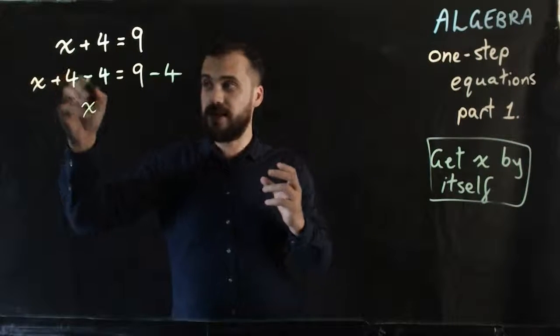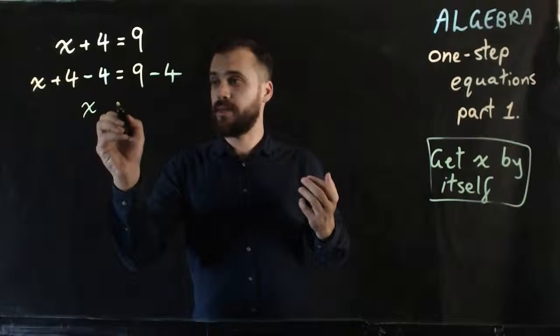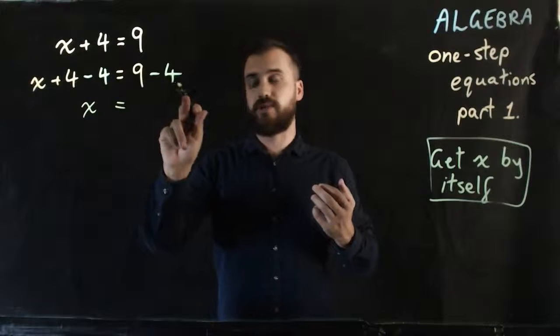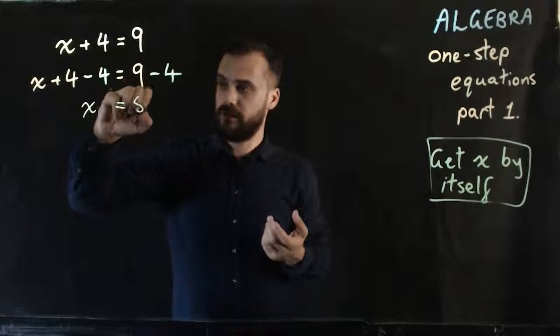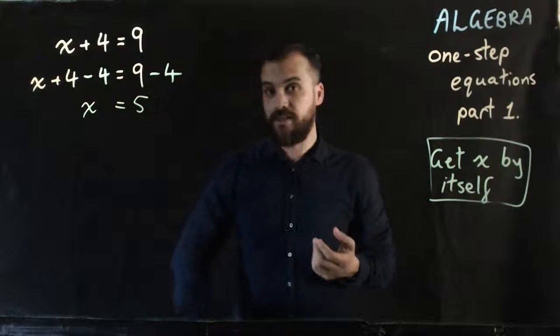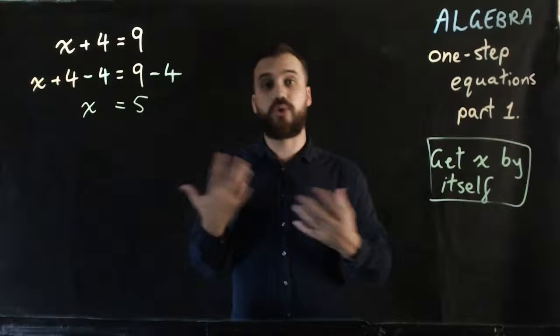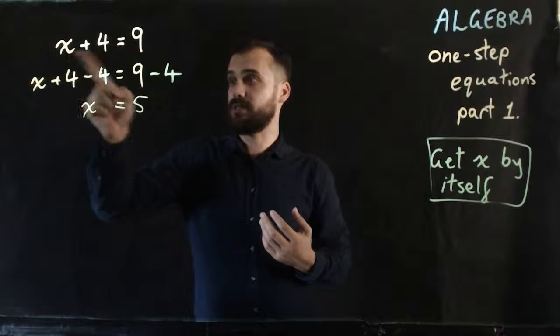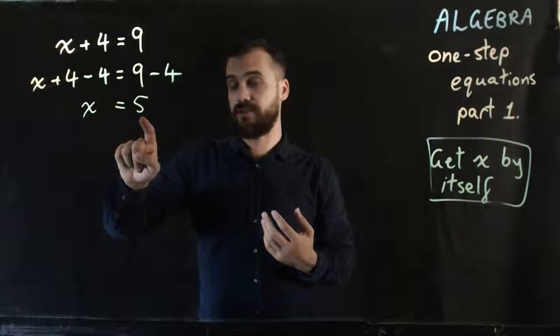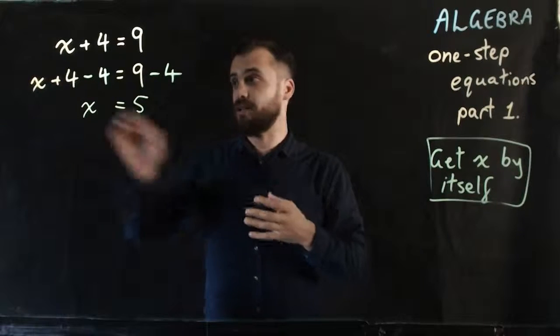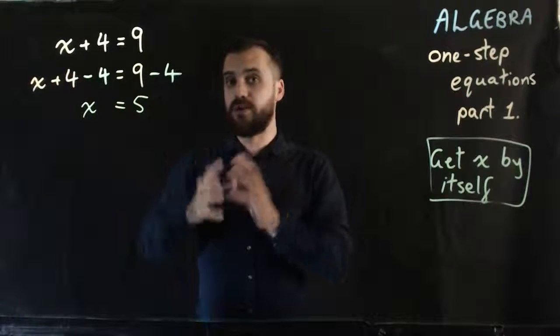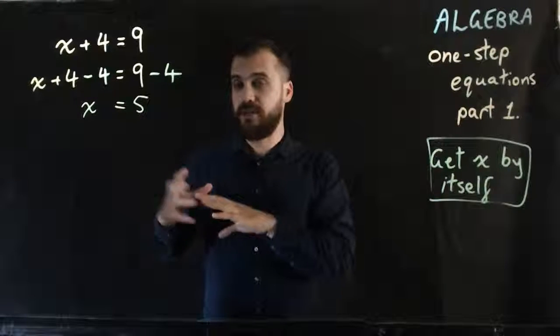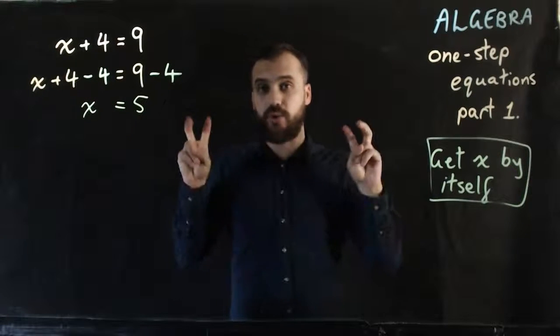They sort of cancel each other out. 9 minus 4 is equal to 5. And there's our answer, the one that you already thought of at the start of this. X plus 4 equals 9. What's x? X is 5. So it's really just a case of figuring out what you need to do to both sides to get rid of the thing that's in your way.